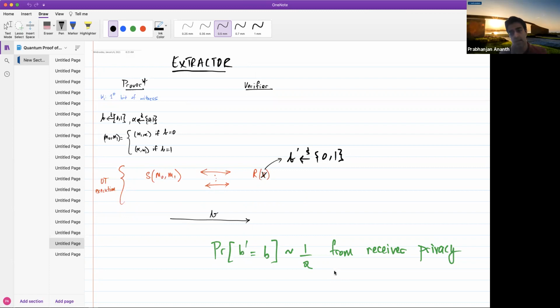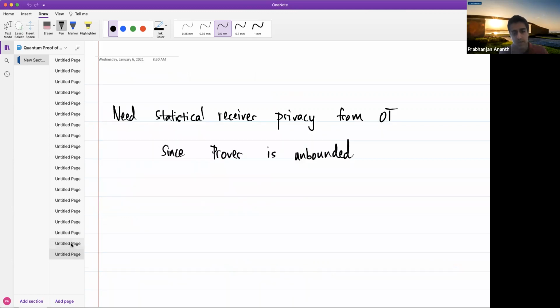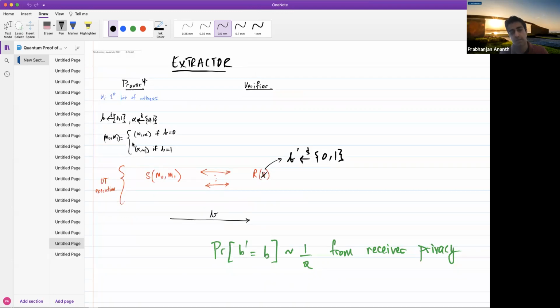This just follows from the receiver privacy property. And note that the prover should not be able to know whether the receiver used 0 or 1. Otherwise, it might be able to distinguish whether it's talking to the verifier or to the extractor.